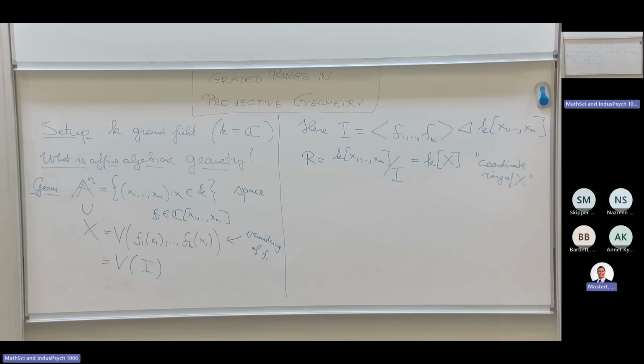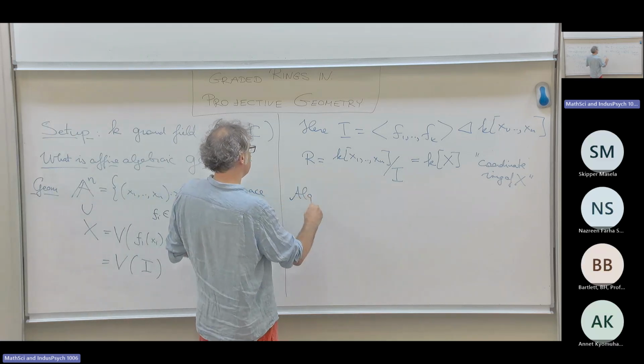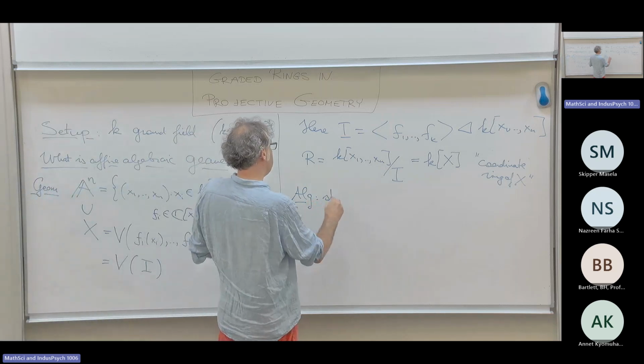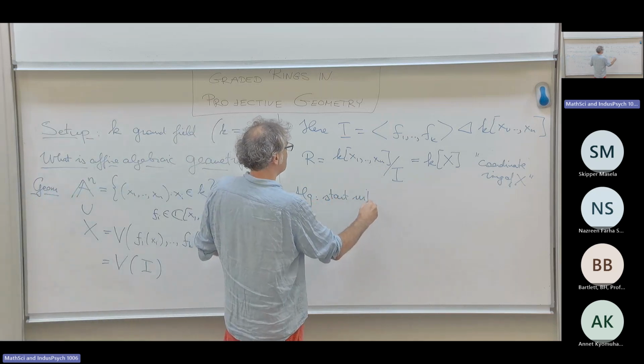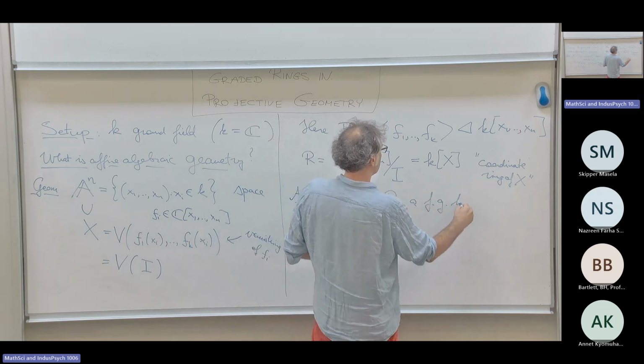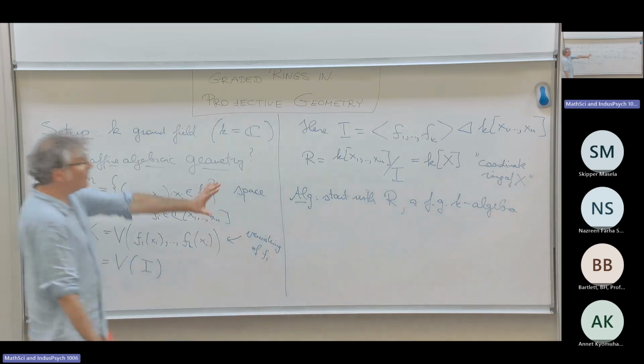And we could start from the other side. So we could start in algebra. If we start in algebra, then I would say that I start with R, a finitely generated K-algebra. So then this is going to be my data.